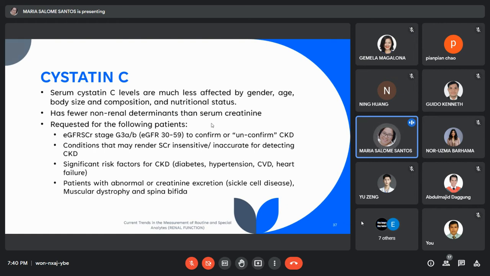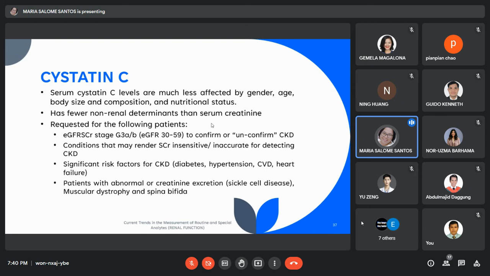Serum cystatin C levels are much less affected by gender, age, body size and composition, and nutritional status. It has fewer non-renal determinants than serum creatinine and is requested for the following patients.